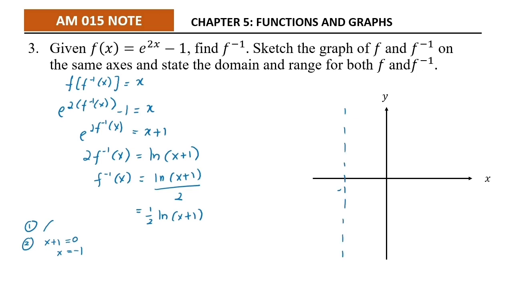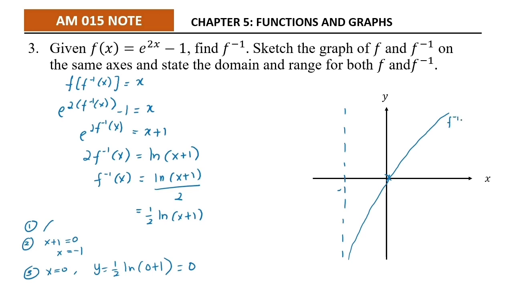Then from below to above, find the y-intercept, as the graph will cross the y-axis at one point. The y-intercept is when x equal to 0, y equal to 1 over 2 ln of 0 plus 1, ln 1 is 0. So the intersection point is here, 0, 0. Then sketch the graph from the asymptote to positive y.